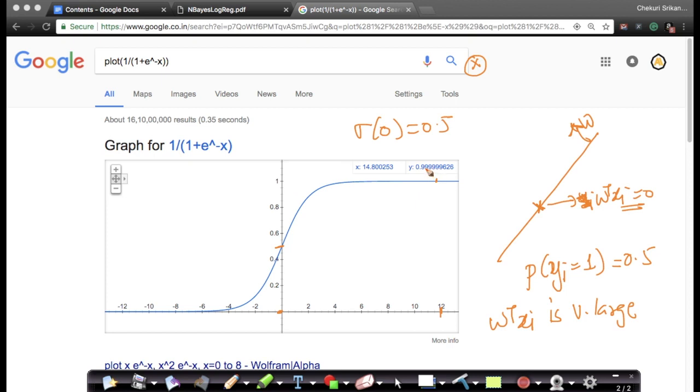So if a point is in the same direction as my w, and it's very far away, then its probability that yi equals 1 is very close to 1. So there is a nice probabilistic interpretation to the sigmoid function.